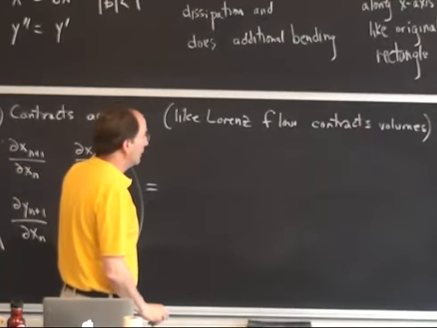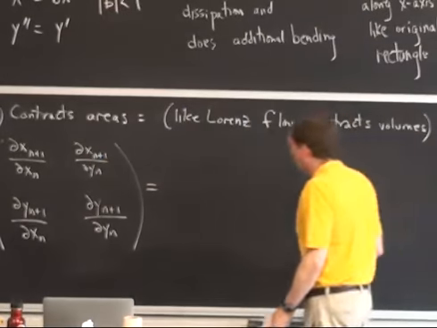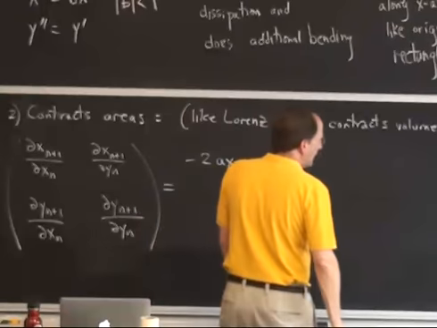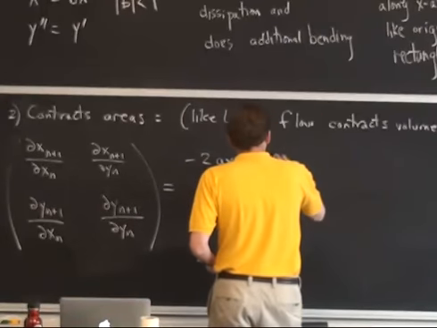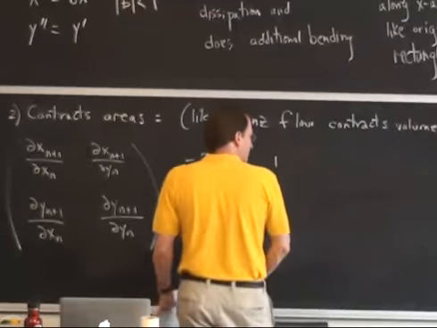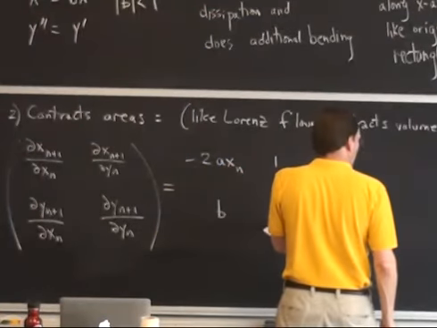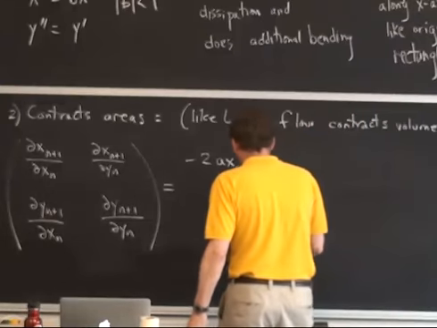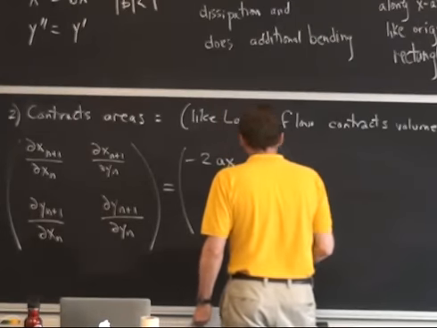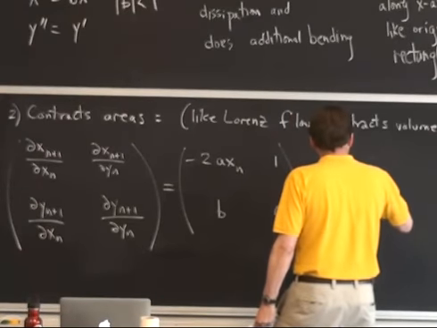So from here we get minus 2a xn, and then differentiating with respect to yn gives us a 1. And then down here we're getting a b. And then yn plus 1 has no y in it, so we get a 0 there. And so the determinant is, it looks like, negative b.